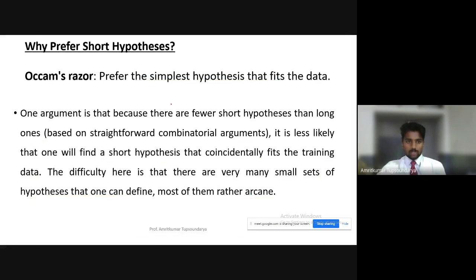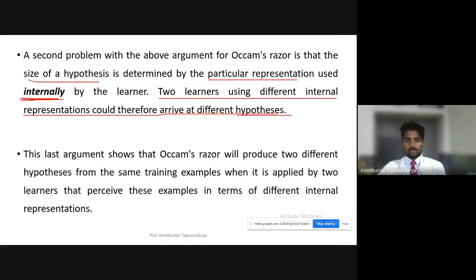Now, another argument with respect to Occam's razor is that it will produce two different hypotheses. Two different learners using their own internal representations are going to produce two different types of hypotheses. So it will produce two different hypotheses from the same training data set.